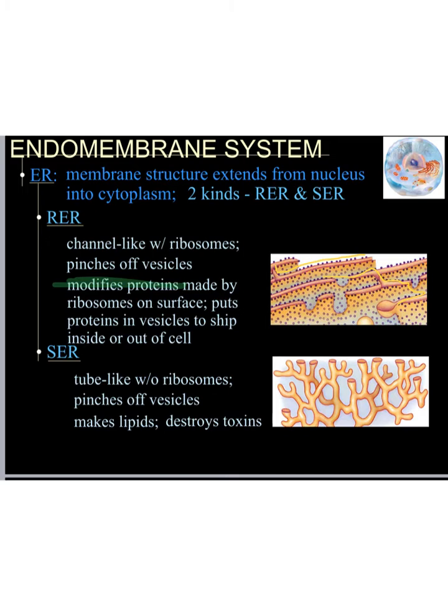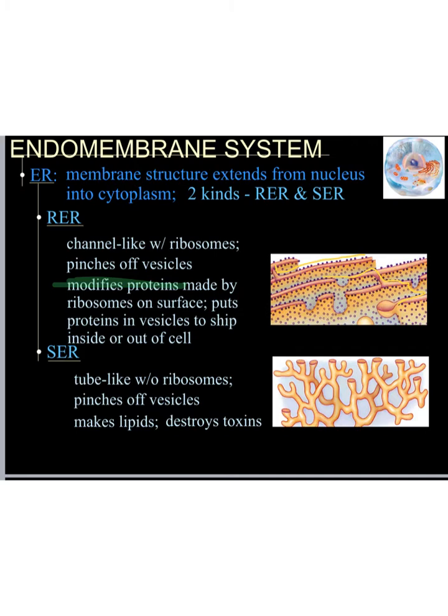From the rough ER, we're going to put them in a vesicle and ship them. Sometimes they can go directly to somewhere else inside the cell, or sometimes they go directly out of the cell. But for our purposes, we're going to continue down the endomembrane system. So we're going to put it in a vesicle and send it to the next organelle through this system.